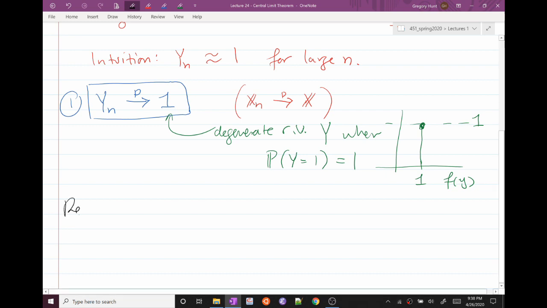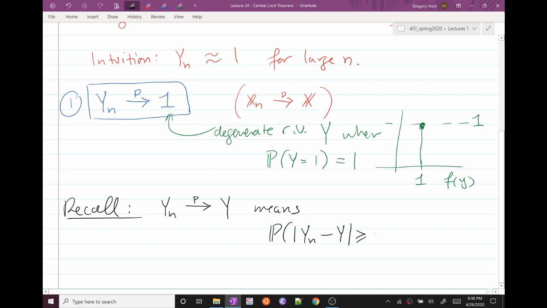So recall that our definition is that the Y sub n's converge in probability to Y. This means that if I look at the probability that the absolute value of Yn minus Y is bigger than any epsilon, so I pick an epsilon and ask what's the probability Y sub n is more than epsilon away from Y, as I increase n in the limit as n goes to infinity, this is going to go to 0.